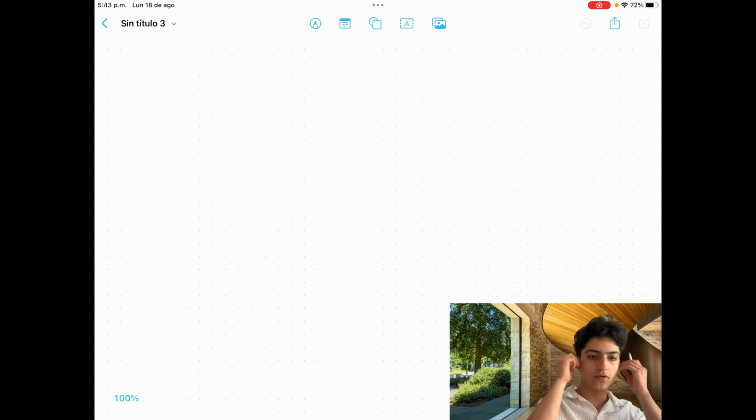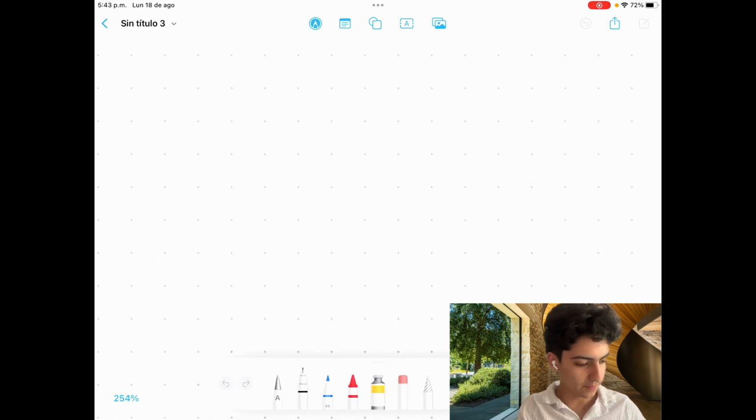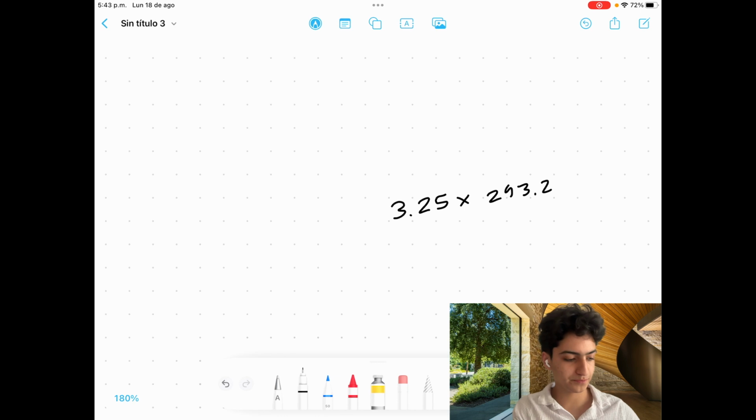Now let's go through multiplication. So for example, in multiplication, first things first, we don't really care at all about aligning the decimal point, just like we did on addition and subtraction. In this case, let's say we have 3.25 times 243.2.